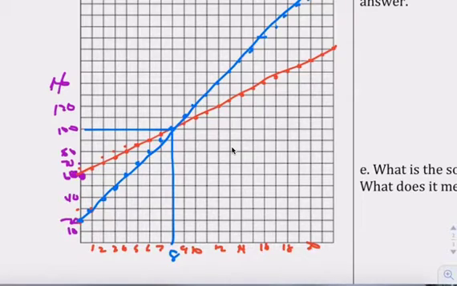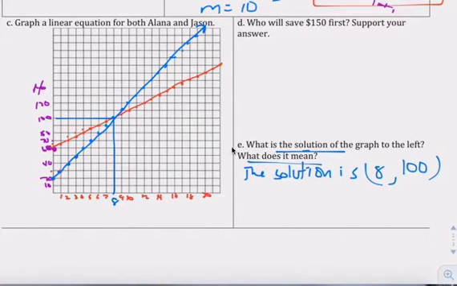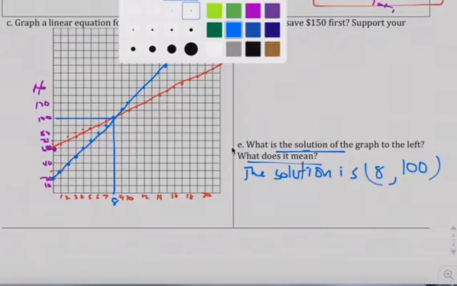That's 8 and 100. The intersection, what is the solution of the graph? The solution is 8 and 100. What does it mean? You need to label the graph.